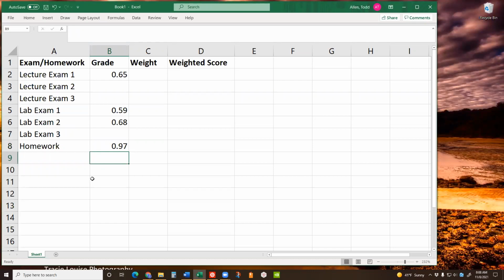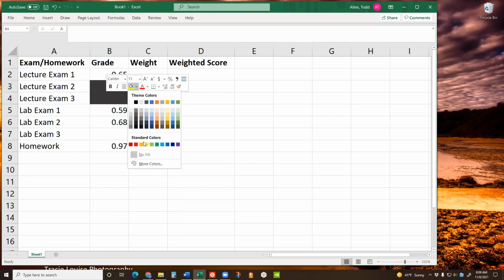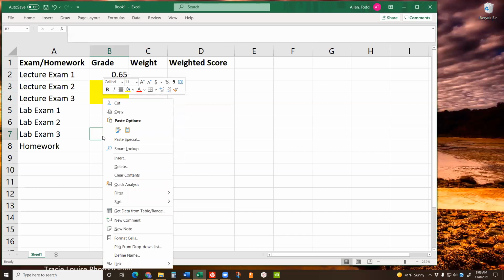So to complete our calculation here, we've got to enter numbers for the exams that you haven't taken yet. Okay, we have to do that. And so first thing I'm going to do is color code these boxes yellow. So lecture exam 2, lecture exam 3, and lab exam 3.